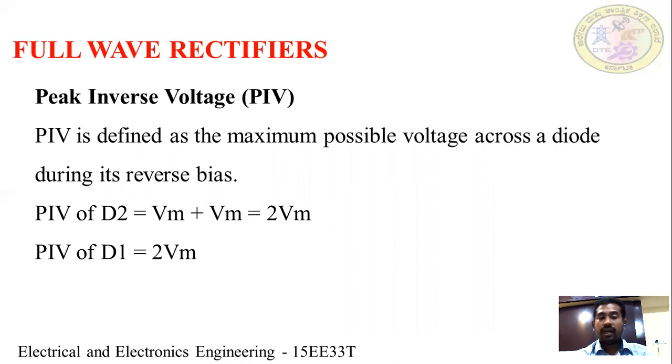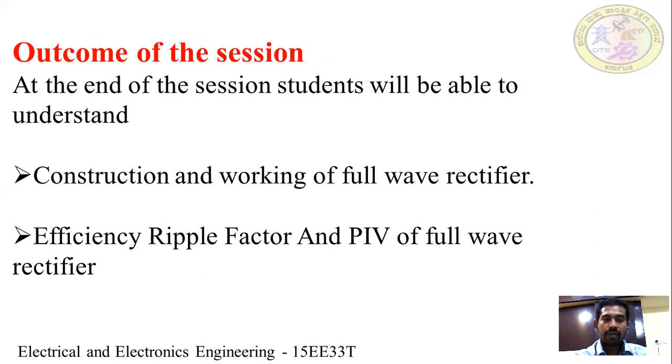It is the maximum possible voltage which appears across the diode during reverse biased condition. PIV of D2 is equal to Vm plus Vm, which gives 2 Vm. Hence PIV of D1 is equal to 2 Vm. Hence PIV of full wave rectifier is 2 Vm.